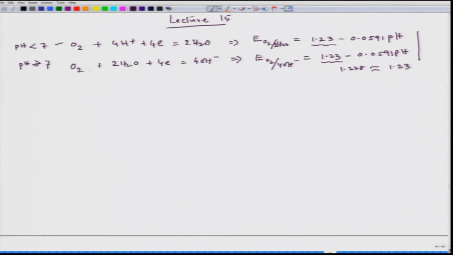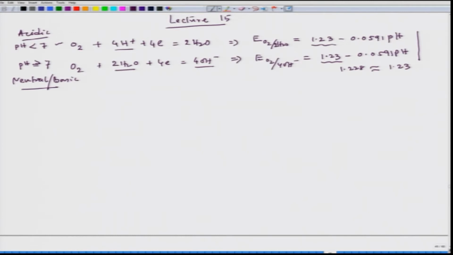That means this happens in neutral or basic medium, and this happens in acidic medium, because this involves hydrogen ion and this involves water, and then finally we get OH minus. So, it would increase the basicity of the solution.